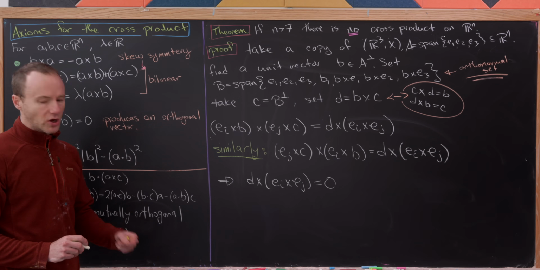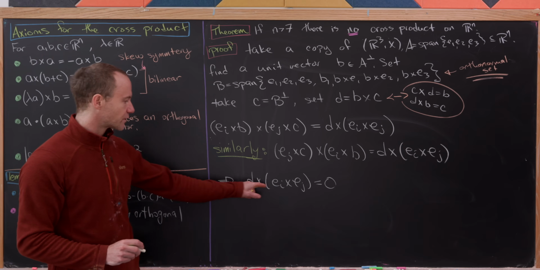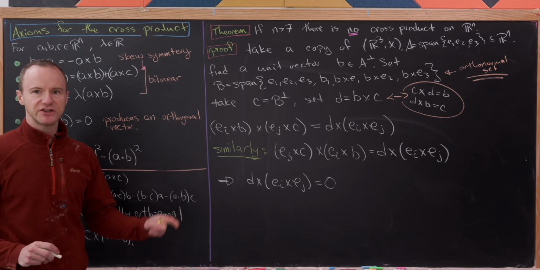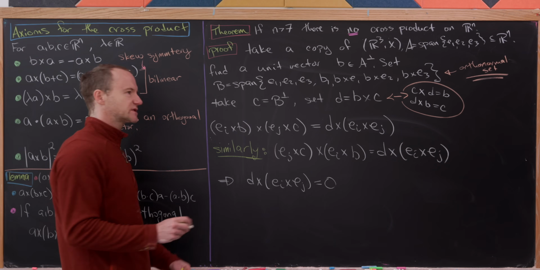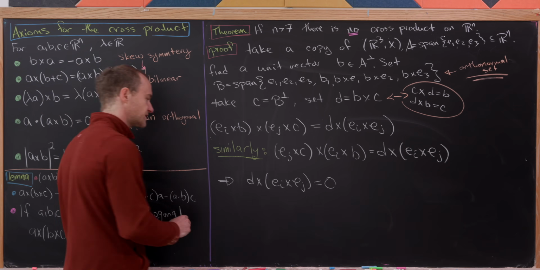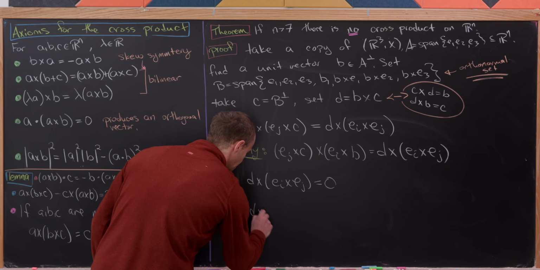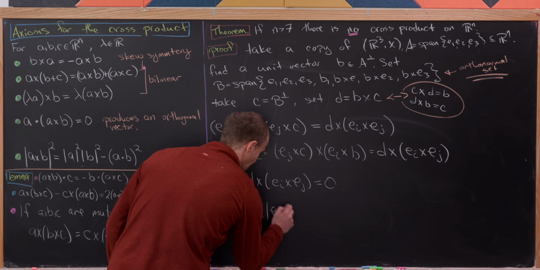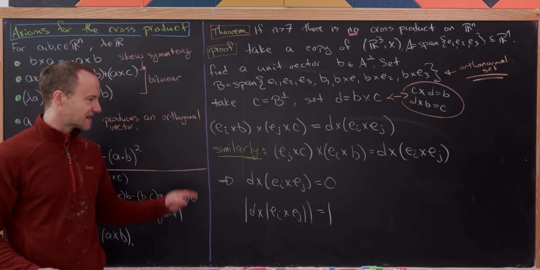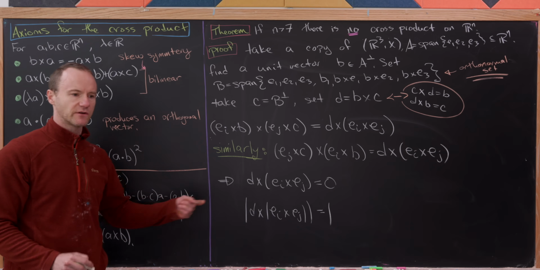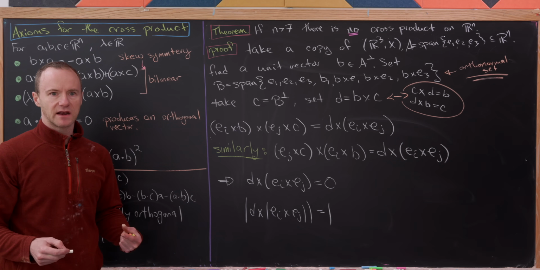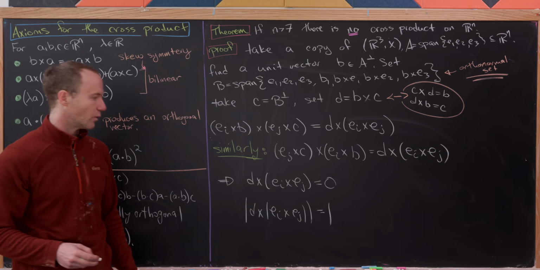But then also, we know that D is orthogonal to EI, D is orthogonal to EJ, and EI and EJ are orthogonal, but that means we're taking the cross product of a big collection of orthogonal unit vectors, meaning that the length of D cross EI cross EJ is equal to 1. So simultaneously, we've got something that's the 0 vector and thus has length 0, and something that is a unit vector and thus has length 1.